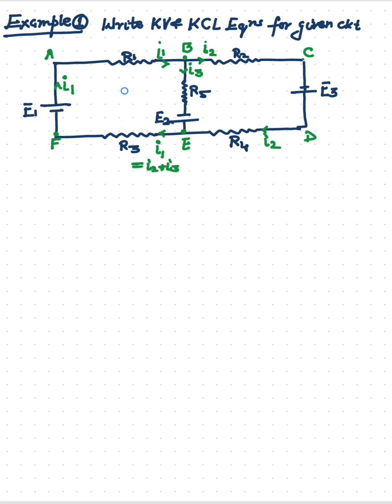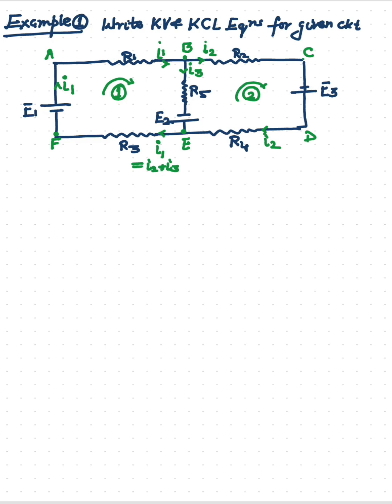Loop direction. Assume this is loop 1 and this is loop 2. Now decide the direction. Suppose I am taking clockwise and clockwise. Clear? So loop direction is also decided. And mark high and low. How to mark?